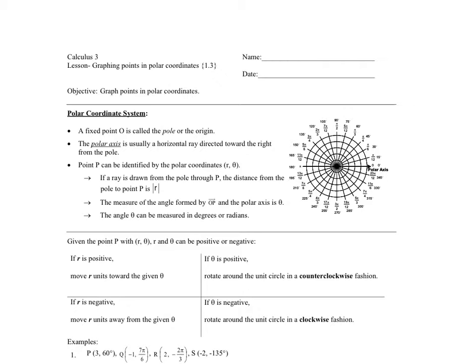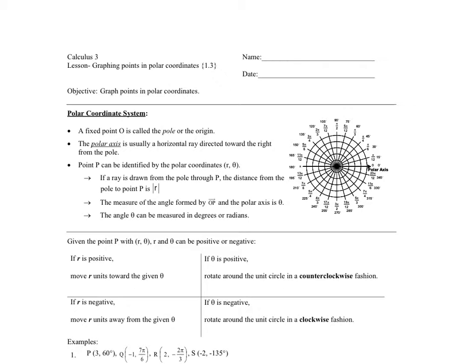In polar coordinates, you start getting into circular reasoning, but you could also merge the ideas from polar coordinates with our understandings of parametrics, and then you get the reasoning that comes into play when you ask, what if I introduce a time element to something in the polar coordinate system? We took a time element and put it into the rectangular coordinate system on the previous pages. Now we're going to learn about the polar coordinate system, and then we're going to introduce a time element to that. Very interesting stuff coming your way.